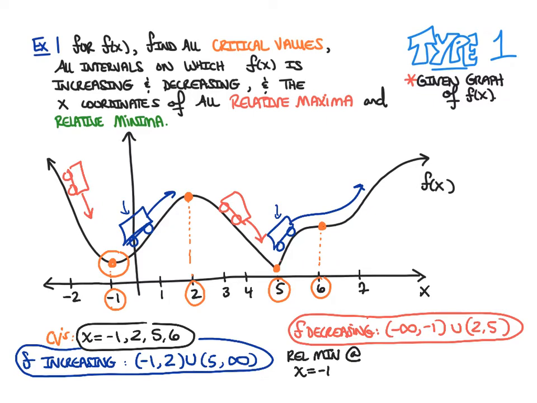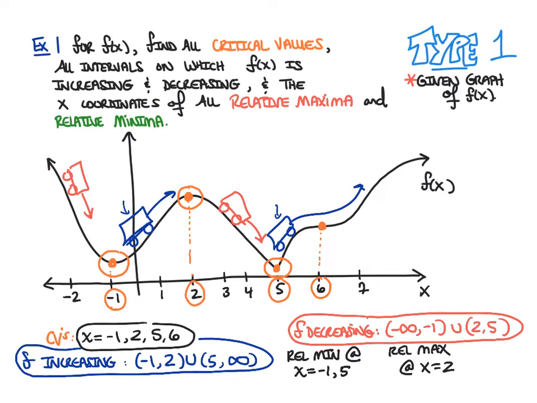I'll also have one at x equal to 5. That's also a relative min, so it's smaller than everything around it. My other critical point, I'll have a relative maxima at x equals 2.